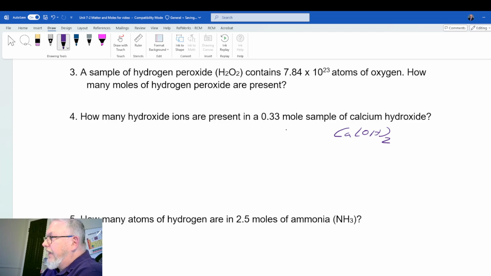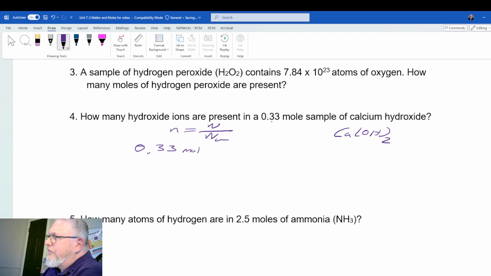Well, I can do the same thing that we did earlier, 0.33, but I've got to remember to multiply it by 2 because for every 1, there's 2 hydroxide. Little n, number of moles, equals number of particles over Avogadro's number. 0.33 moles.